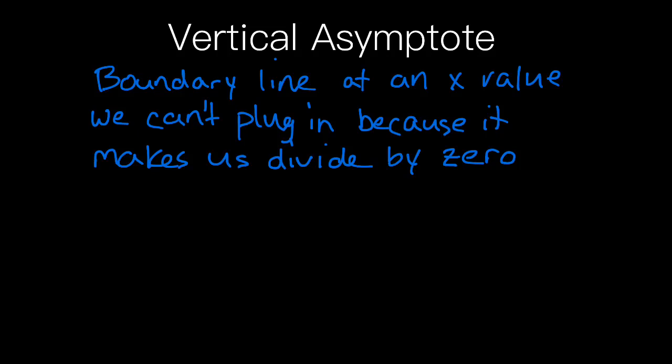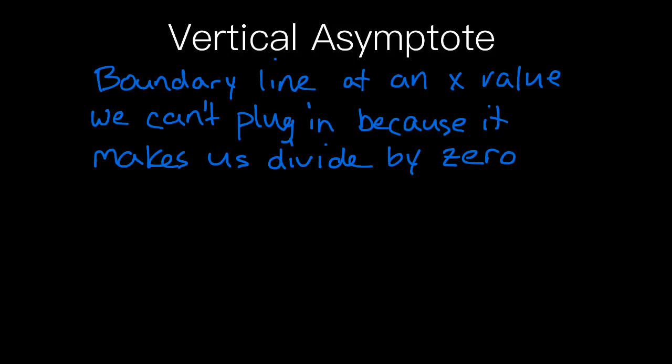So the first thing that we're going to look at when we graph these functions is we're going to find out or decide whether there is what's called a vertical asymptote. And I don't know if we've talked about asymptotes before yet, but an asymptote is sort of like a boundary line. It's going to help us draw a graph. It's not a part of the graph. It's a vertical line that our graph can get really close to, but it never actually touches it.